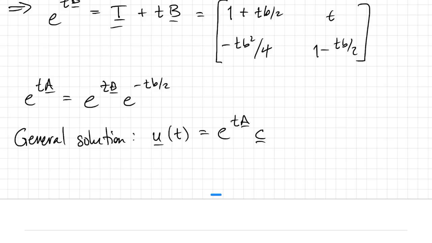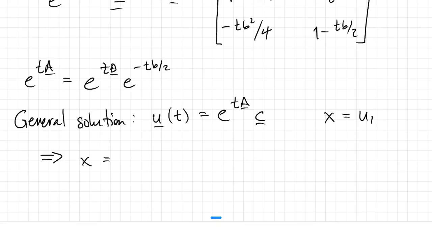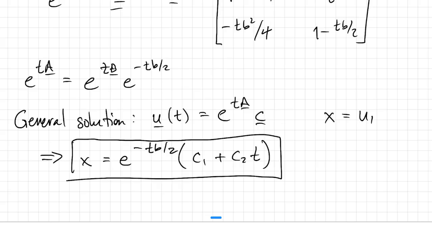But for the original second order problem, we only need the first component of that. And that simplifies the algebra somewhat. I'm going to rename the constants c1 and c2, and then we can write the whole thing as e to the minus tb over 2 times a c1 plus c2t. That's all we need in the defective case. And it's even easier than it looks because negative b over 2 is the eigenvalue, which we compute first thing anyway.